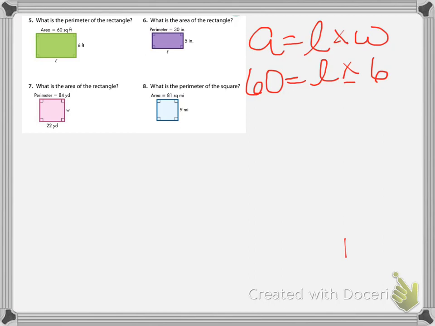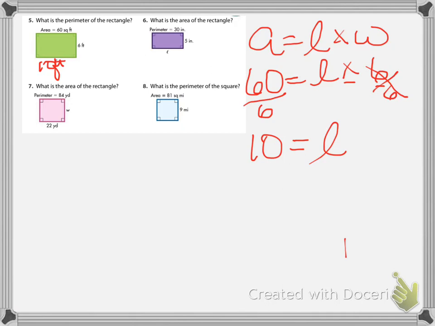And if I did times 6, that means I'm now going to divide by 6 to cancel each other out. Divide by 6. Do I have to show work on that one? You should know what 60 divided by 6 equals, and that equals 10. So my length is 10 feet, right? So area is a little easier to figure out, isn't it?